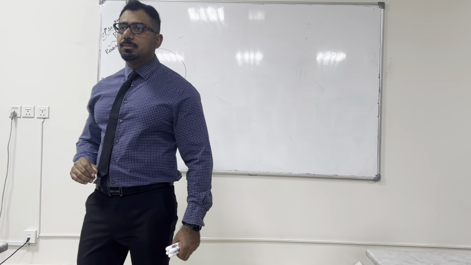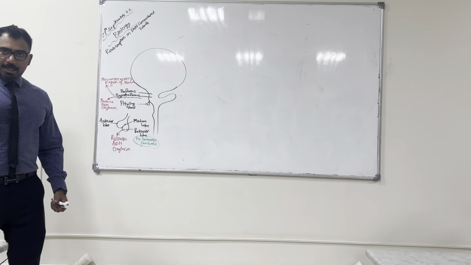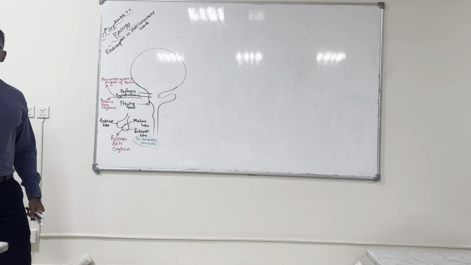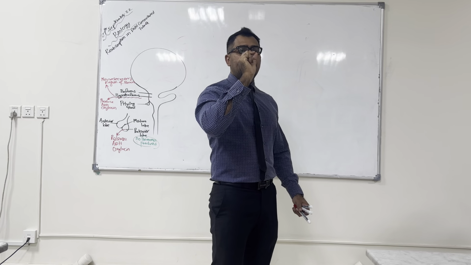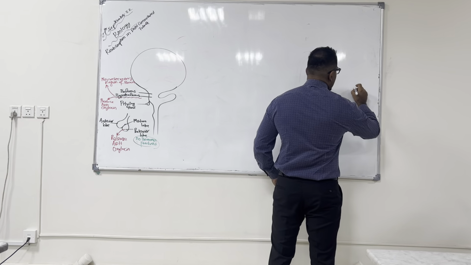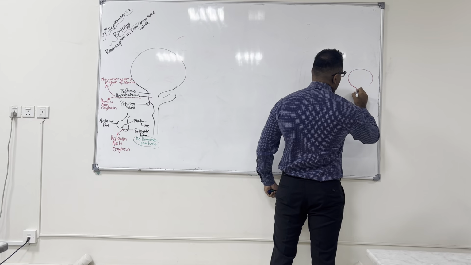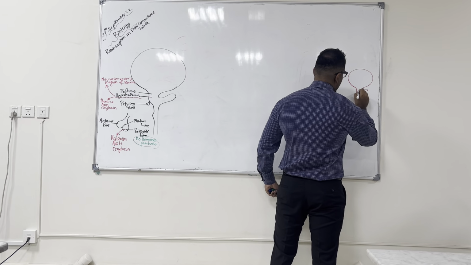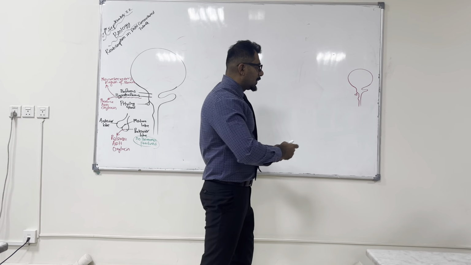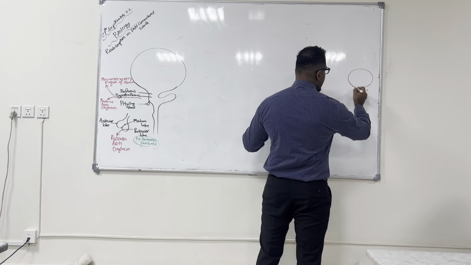Like, let me give you a little idea. It's not in your syllabus, but it is in MDCAT, and you will see it when you go. So I'm just giving you a little idea. I am drawing your little brain now. Again, over here, this is the hypothalamus.